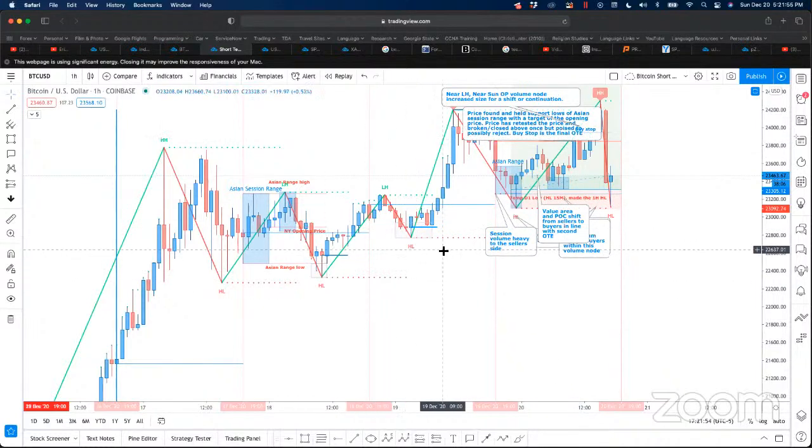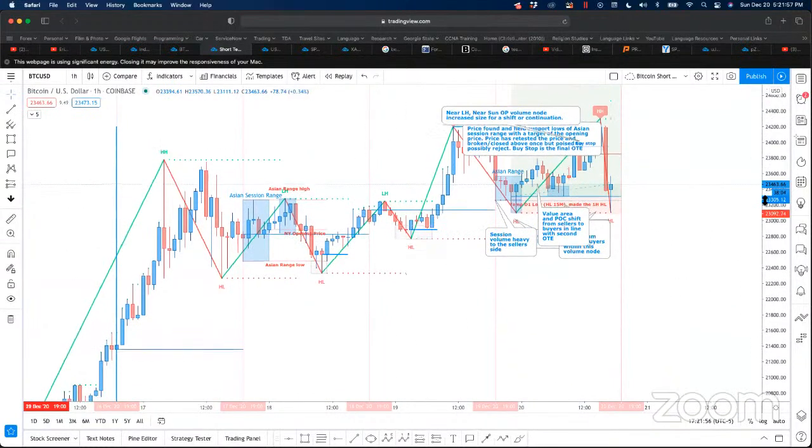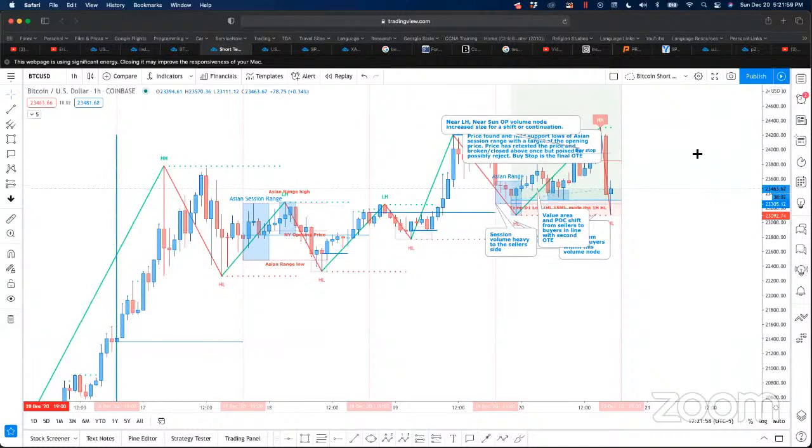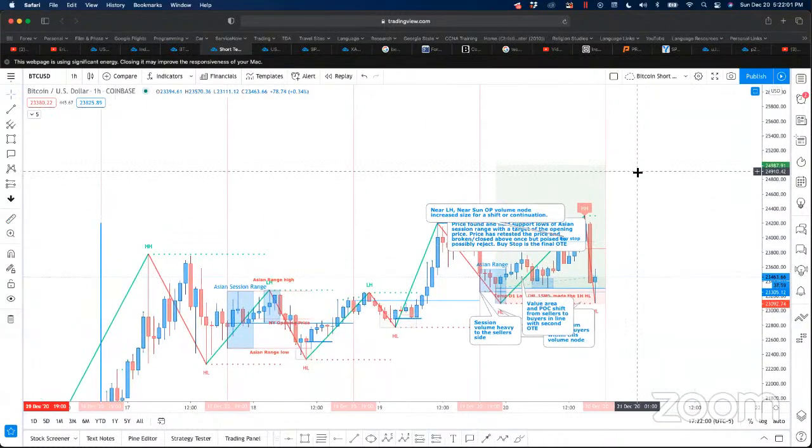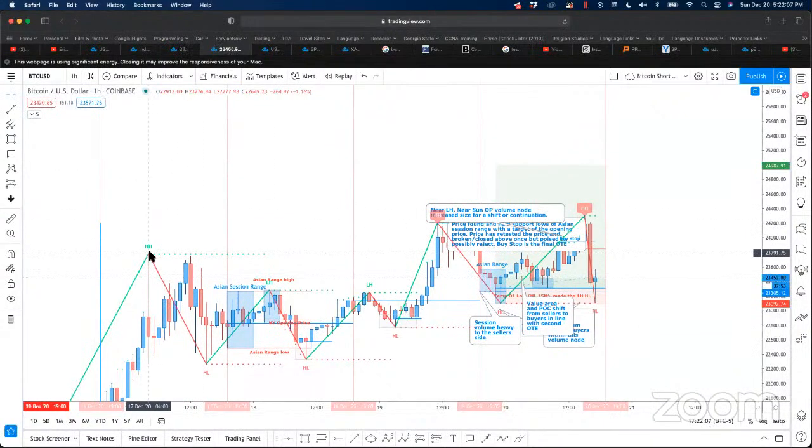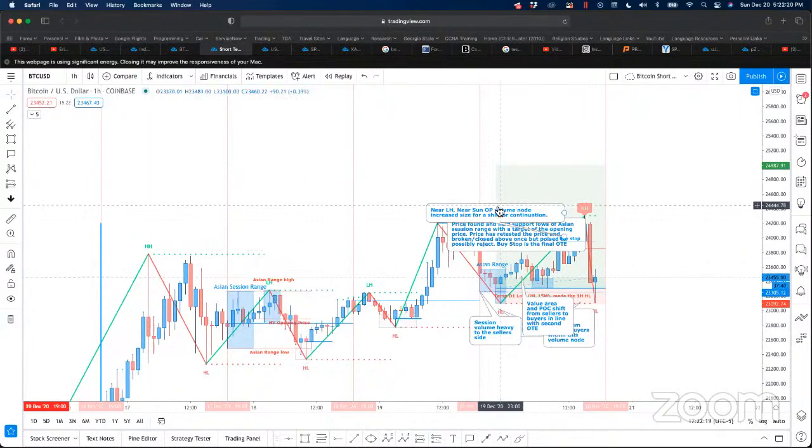So if it's a likelihood that we try to get 25K at some point, being that we're so close, and we already broke above this impulsive high right here from the huge move. So it's already proven that this high isn't valid right now because it's breaking above it, right?